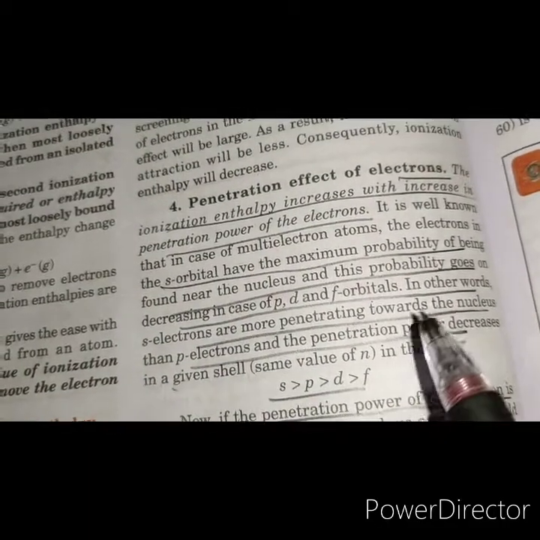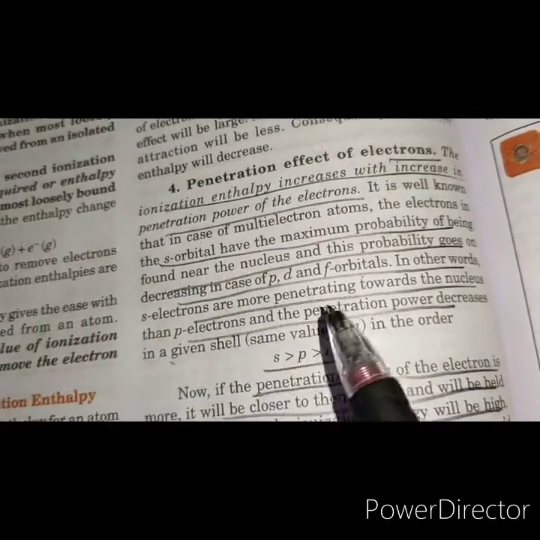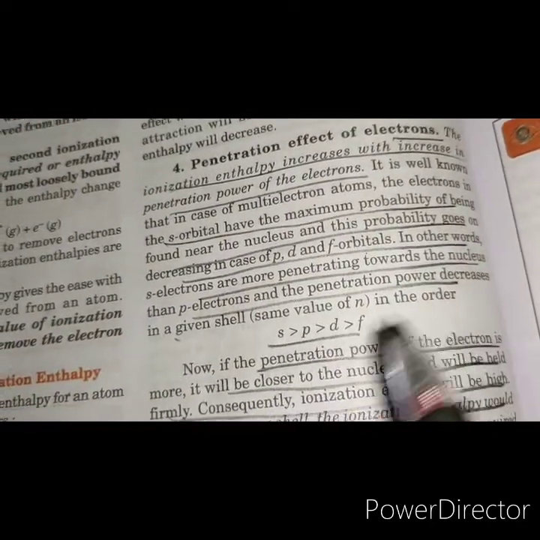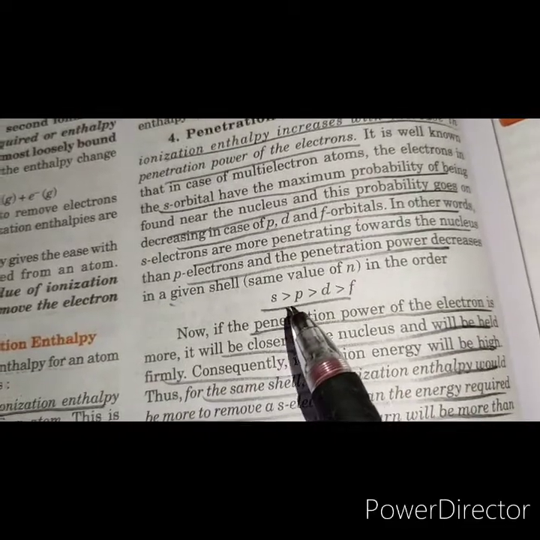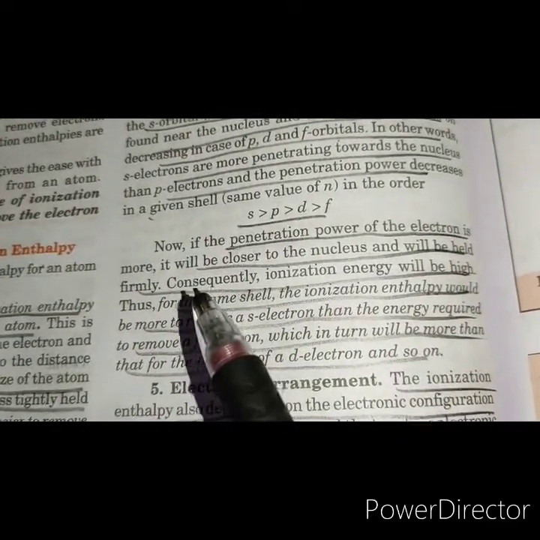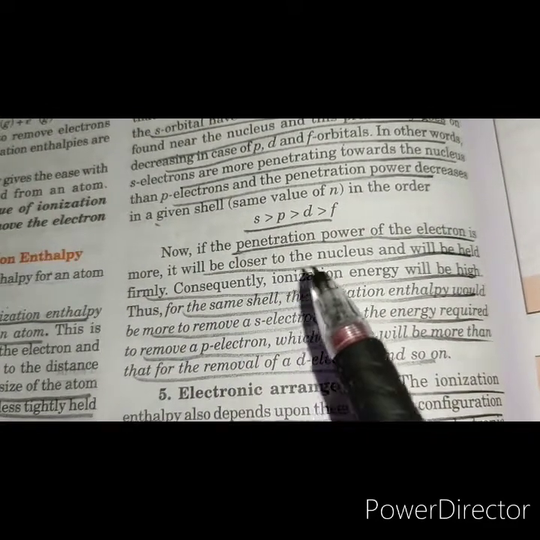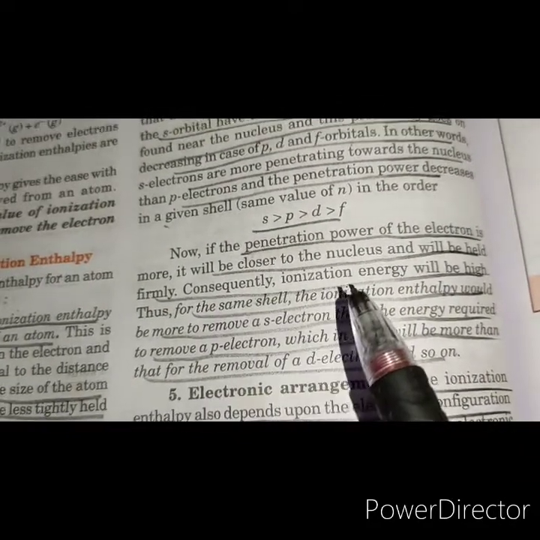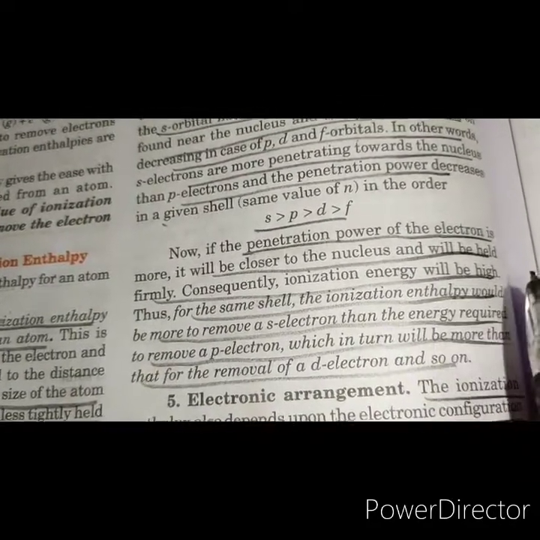The s electrons are more penetrating towards the nucleus than the p electrons, and the penetrating power decreases in the order s greater than p, greater than d, greater than f. So the penetration power of the electron is more, so it will be closer to the nucleus and will be held firmly. So the ionization energy will be high.